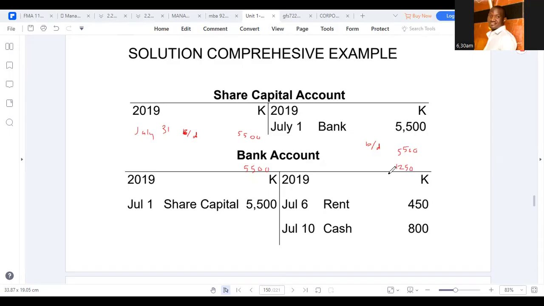For this side to balance up, we need what? 4250. So this is a balance carried down. The same amount on the opposite side here will be a balance brought down. So the brought down balance is what we post to the trial balance. 4250.